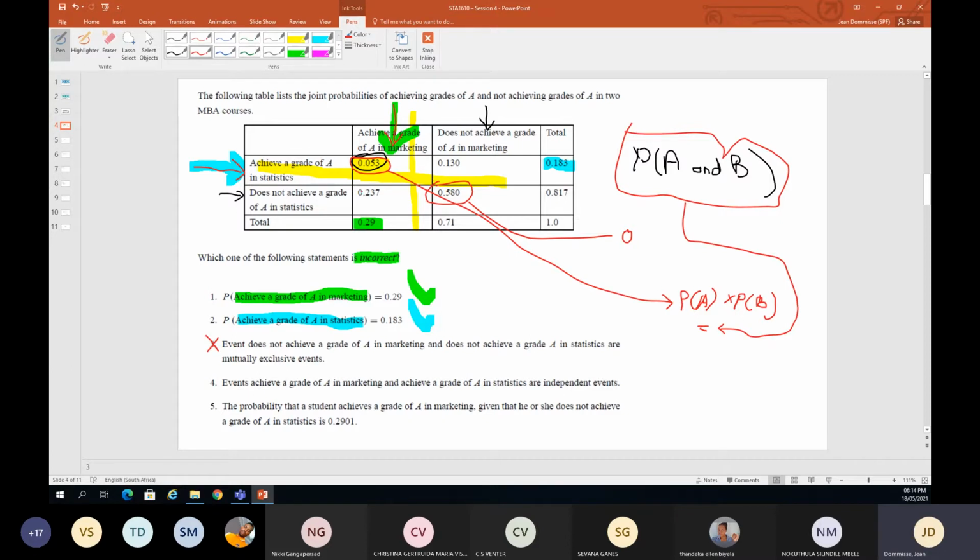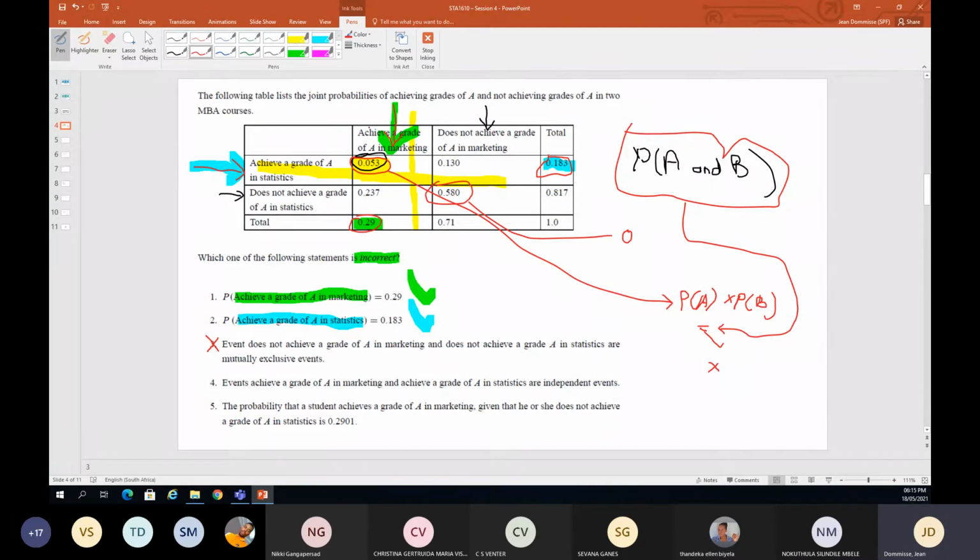So if you times 0.29 times 0.183, if you get 0.053, we know it's independent. If we don't get that, it is not independent. Sorry, the other way around. If that times that is equal to that, then it is independent. If it is not equal to that, then it is dependent.